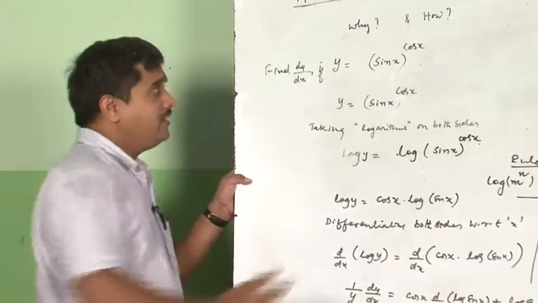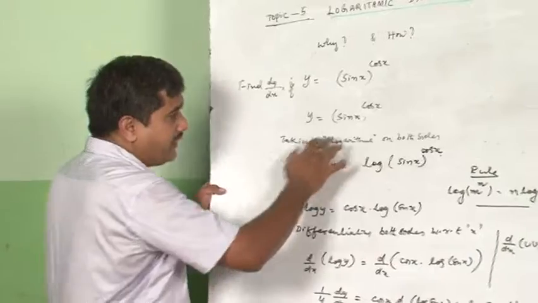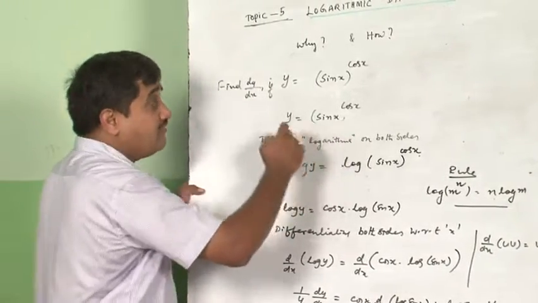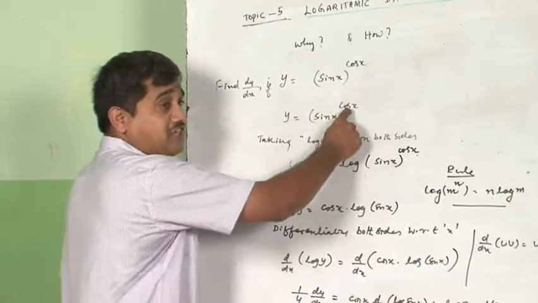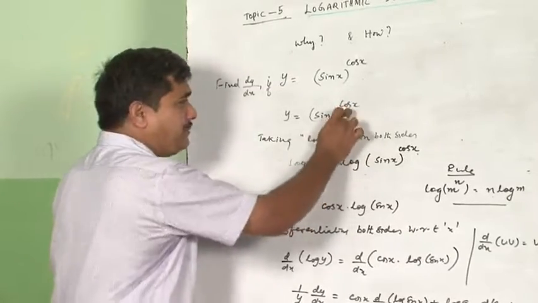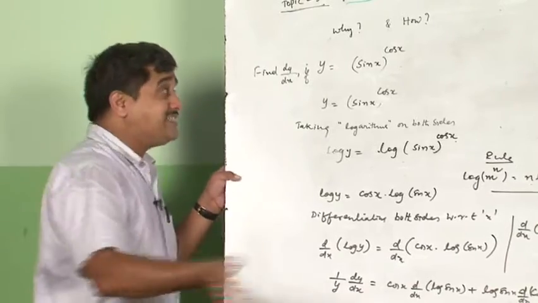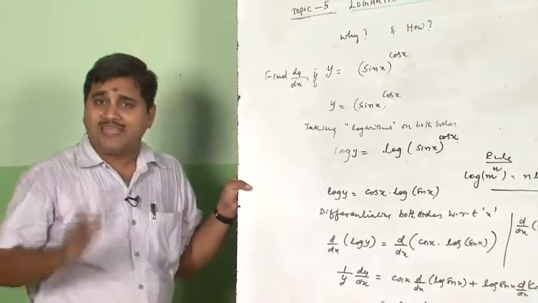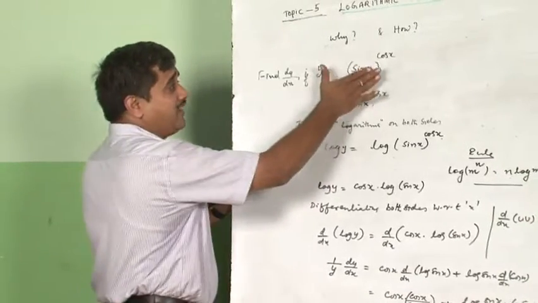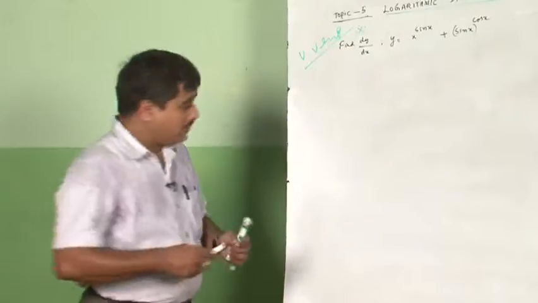So please remember, logarithmic differentiation has a very prominent role in differentiating functions which have exponential functions like this, sin x to the power of some other function. Had it been a number, perhaps I would not have bothered to go for logarithm. Since it is not a number, I am supposed to take it down, and only then can I complete the differentiation. Please remember, this is a vital area you have to focus on a lot.